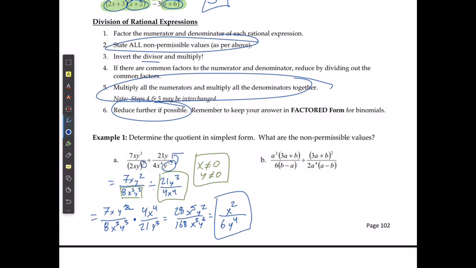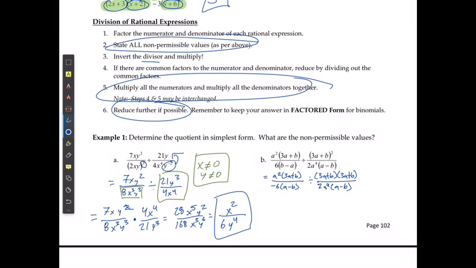And I'm going to say that this is going to be equivalent to a squared times 3a plus b over negative 6 times a minus b, and I'm going to divide that by 3a plus b squared, or 3a plus b times 3a plus b, over 2a to the 4 times a minus b.